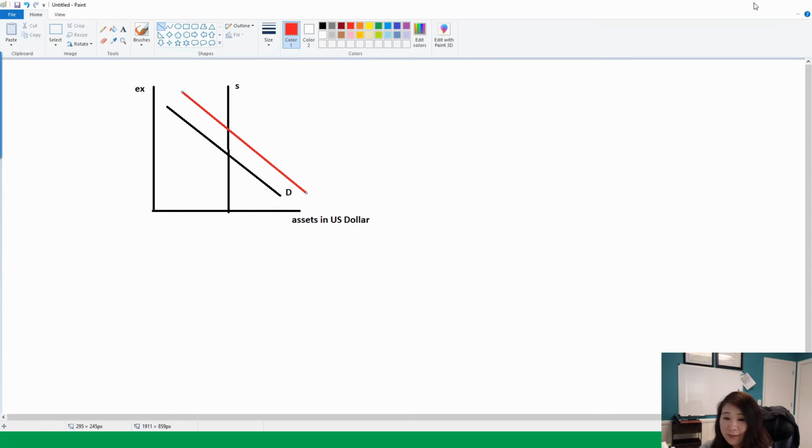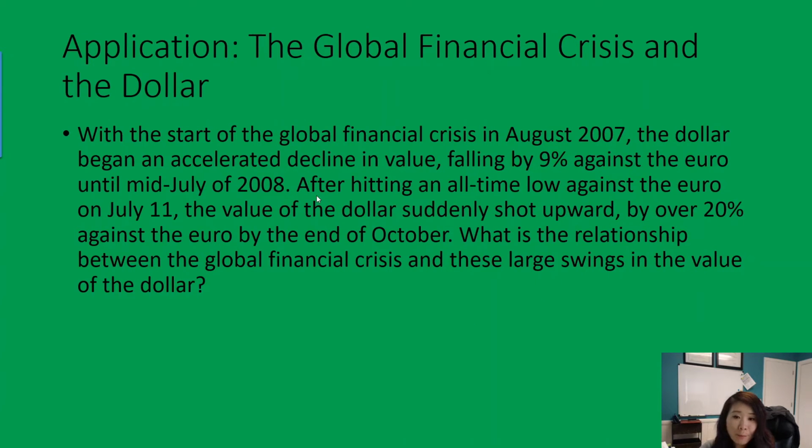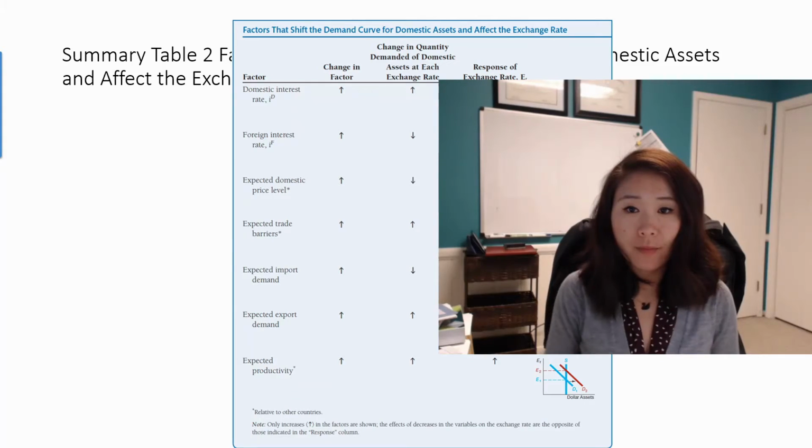So during the beginning of the financial crisis, the U.S. currency depreciated. Towards the end, because of the economy getting better, the demand for assets will shift to the right, and the interest rate will go up. So this is one application of the model we just learned.